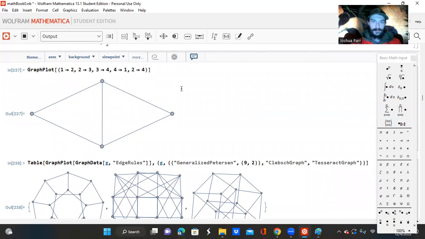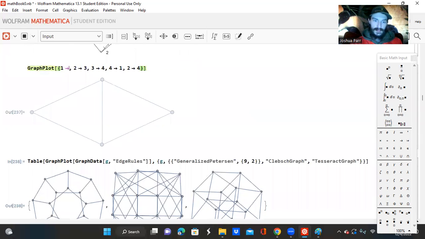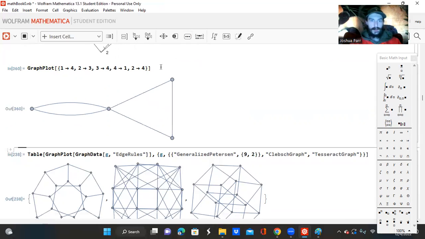So this is saying 1 to 2, 2 to 3, 3 to 4, 4 to 1, and 2 to 4. Now what if I do this? There we are.